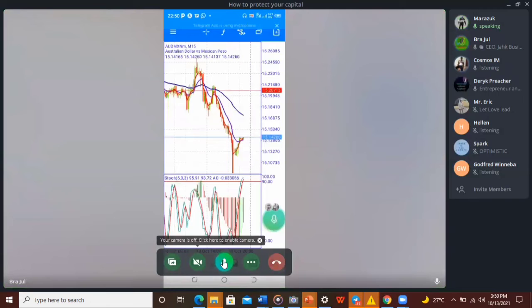65 pips. Should be more than that though. Let's see, 72.